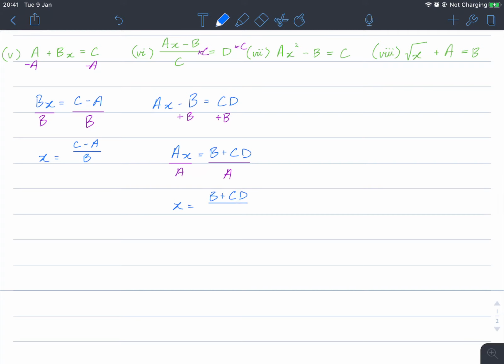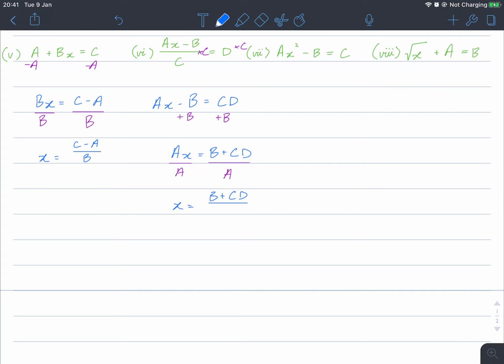Now we're going to get into one with an X squared. So let me zoom in here. The first thing we have to focus on is the opposite of the number that's by itself. In this case, minus B. I'm going to add B first.